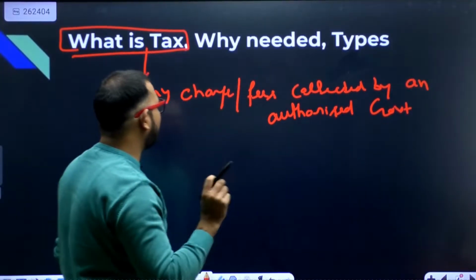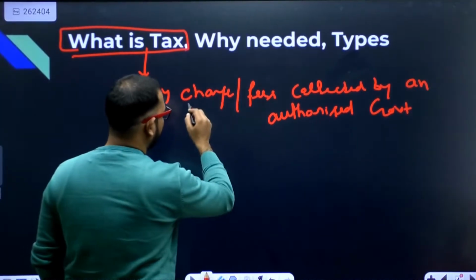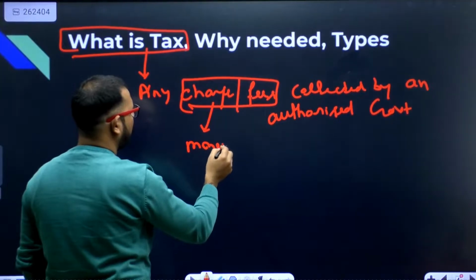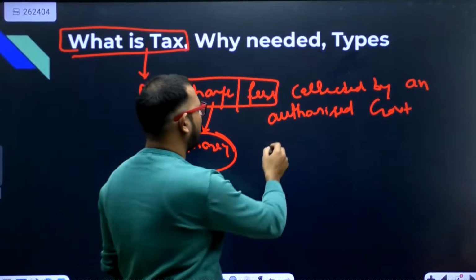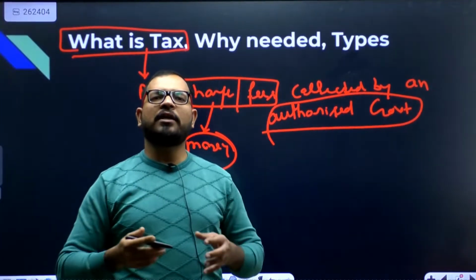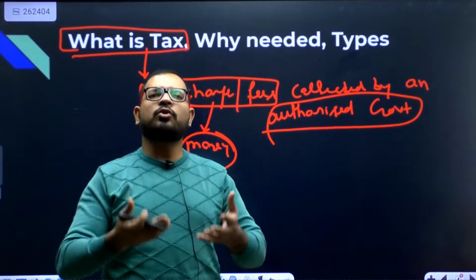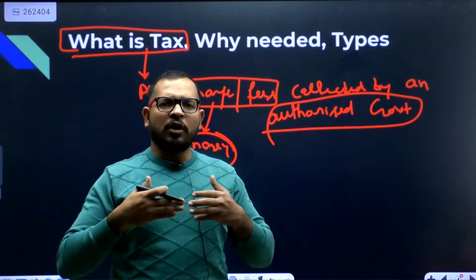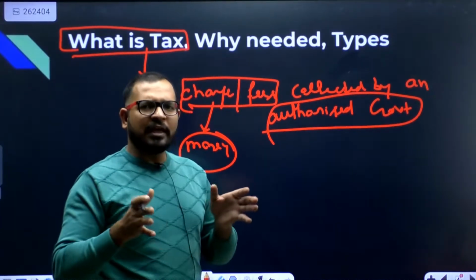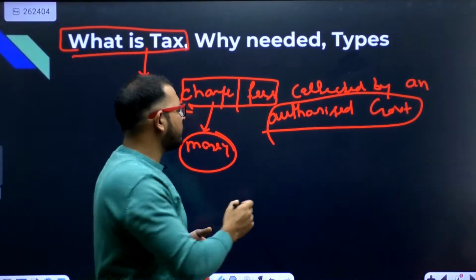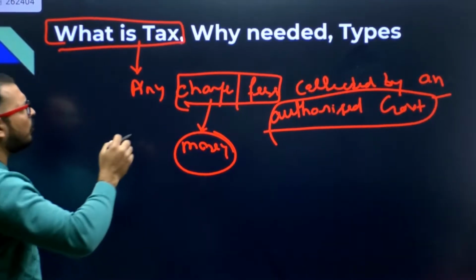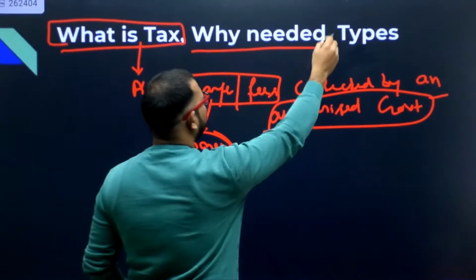Every single word is important. This charge or fee is nothing but money, the monetary. Authorized government: what is an authorized government? An authorized government is any constitutional government, we can say, or any other government which is governed by any kind of act or any kind of law.